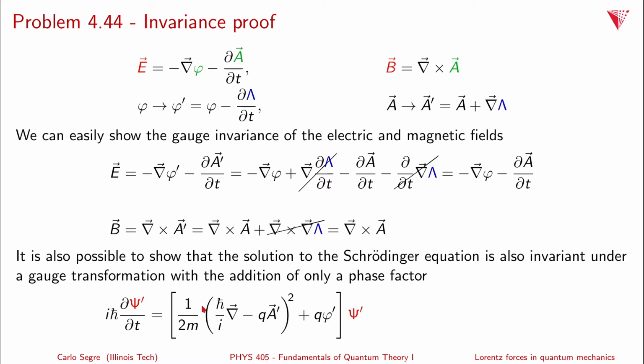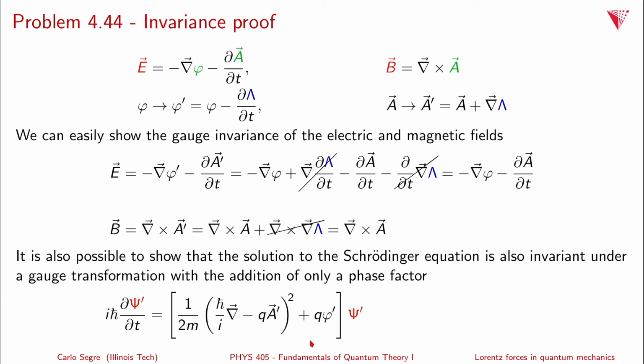And we can show that the Schrödinger equation, written like this, where instead of psi and A and phi, we replace it with all the gauge transformed terms. That is, we replace it with psi prime, A prime, and phi prime. This also holds when the Schrödinger equation with everything unprimed also holds as well.